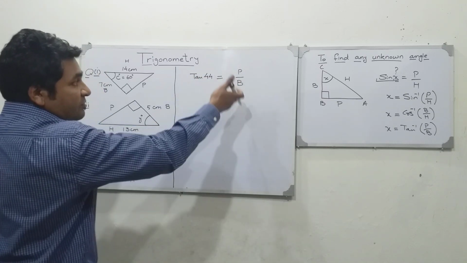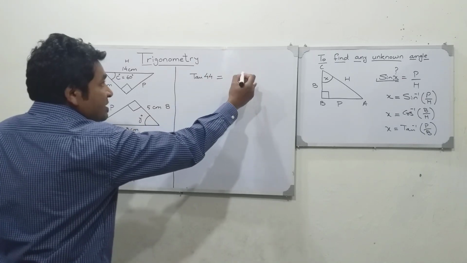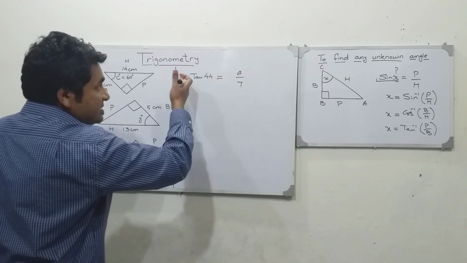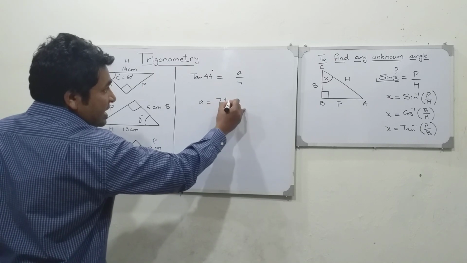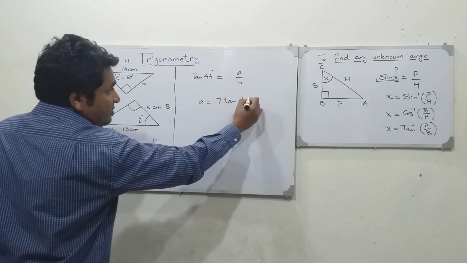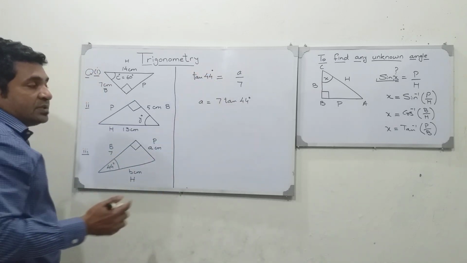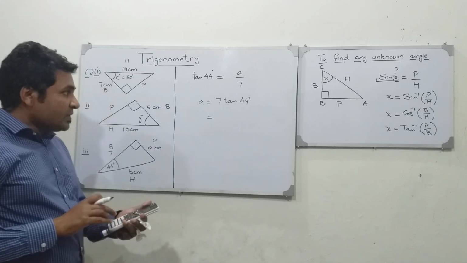Now just replace perpendicular by its value, which is A, and base by its value, that is 7. Take 7 to the other side, it will become A is equal to 7 tan 44 degrees. You use uppercase or lowercase, it's up to you. So now use your calculator.